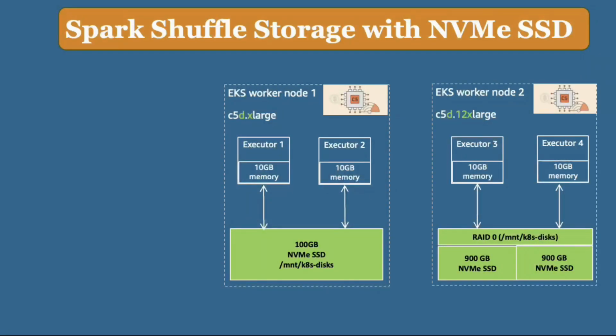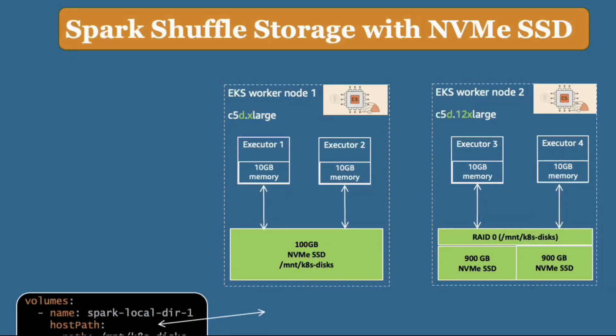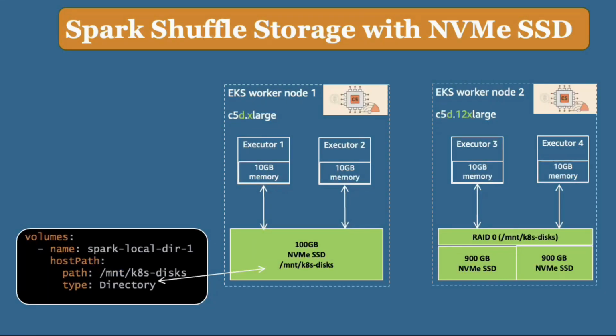So applications will be using only one path, but under the hood, two different disks are used, chained together. From the application configuration point of view, you will be creating a host path configuration for the volumes and using this path /mnt/k8s-disk to reference this SSD disk. So applications will be writing to this. The shuffle storage will be going into this disk, providing high throughput and low latency.